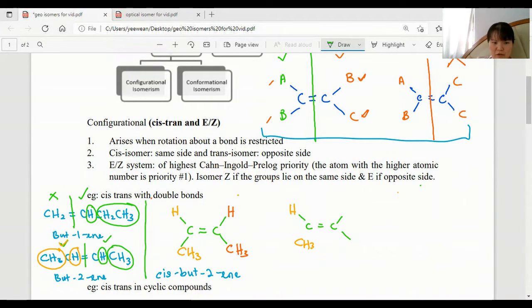Let's draw the trans butene. Take note that if you draw a displayed structure, you'll see that this carbon is bonded to this carbon and not the H. If we were to draw that out, it looks something like this: an H, a CH2, and a CH3 this way.